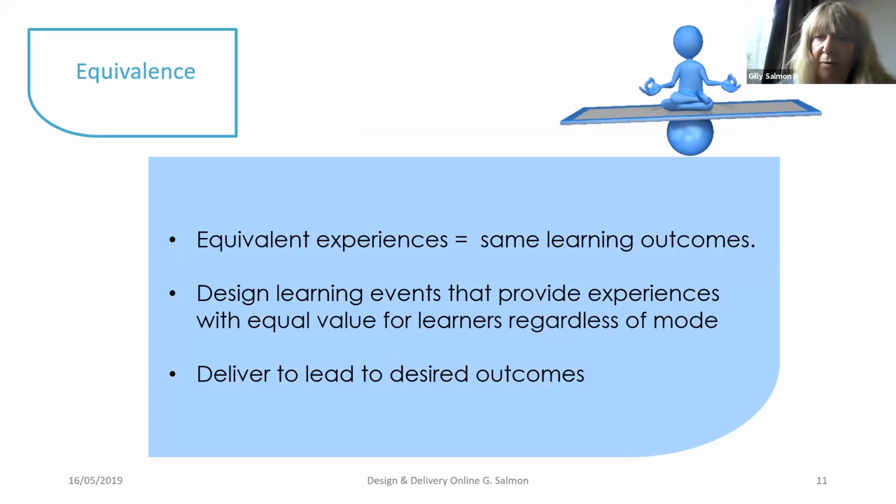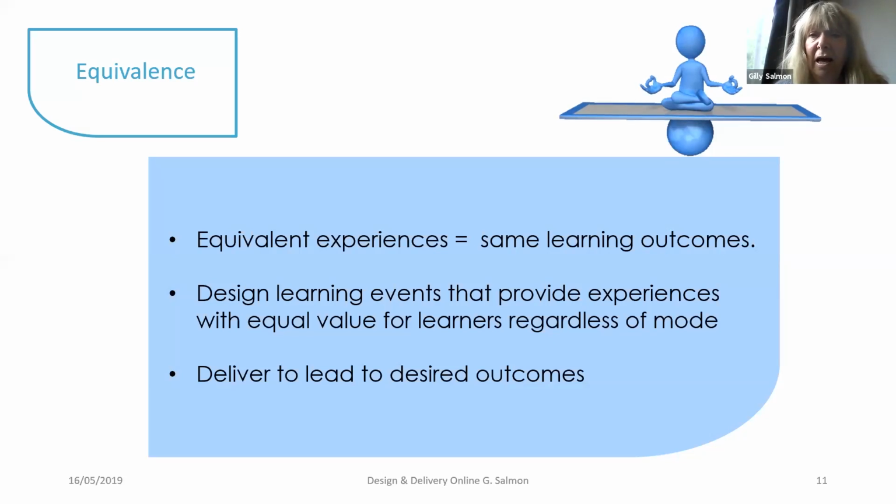And then what you need to do if you're going for blended or online learning is to understand that at each stage of using the threshold concepts, you are really looking for similar learning outcomes, but the experiences are going to be different. And the term equivalence does become very, very important.